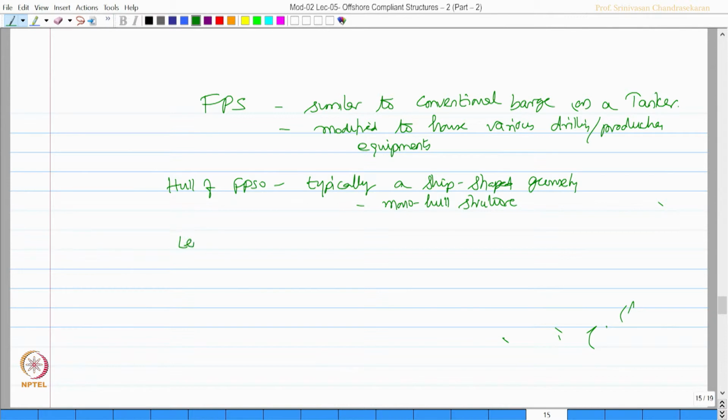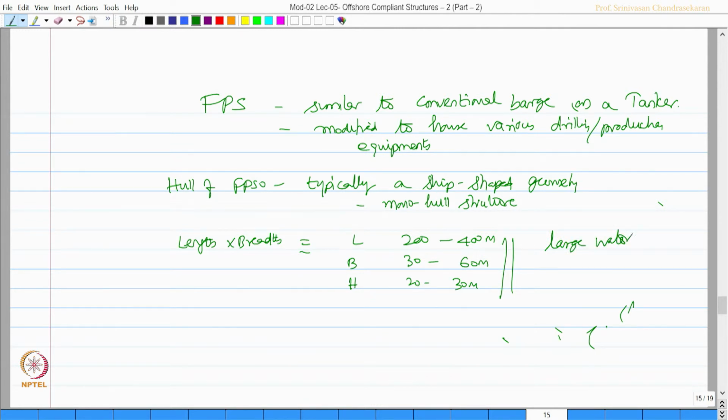Typical dimensions of an FPSO could be about 200 to 400 meter long and breadth can vary anywhere from 30 to 60 meter and the height can vary anywhere from 20 to 30 meter, which imposes a very large water plane area, which actually enables them to float.